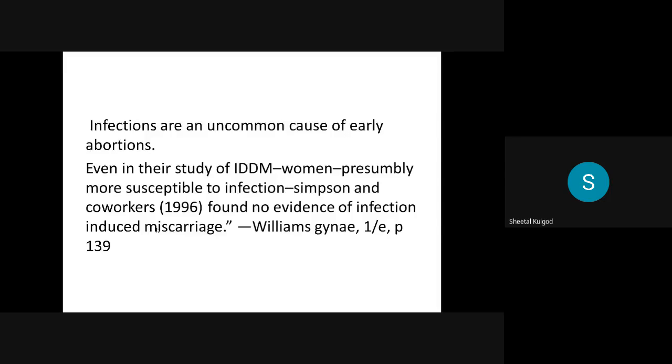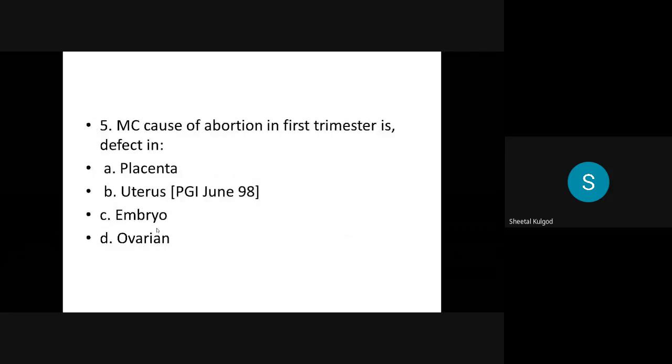Now, next question. The most common cause of abortion in the first trimester is a defect in the placenta, uterus, embryo, or ovarian cause. It's the same question which is twisted. So we all know that chromosomal abnormalities are the most common cause of first trimester abortions. So the chromosomal abnormality is in which part?